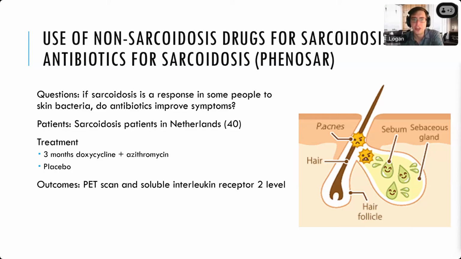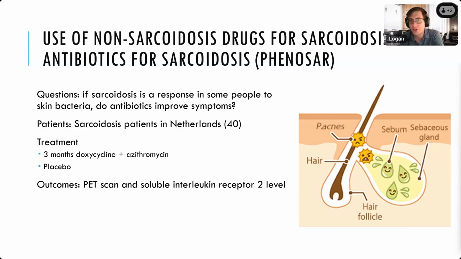And in Japan, they have a lot of data suggesting that this particular bacteria in some people may trigger their sarcoidosis. Since the bacteria lives on everybody's skin, the question came up, if we treated the bacteria with an antibiotic, would that improve sarcoidosis symptoms?